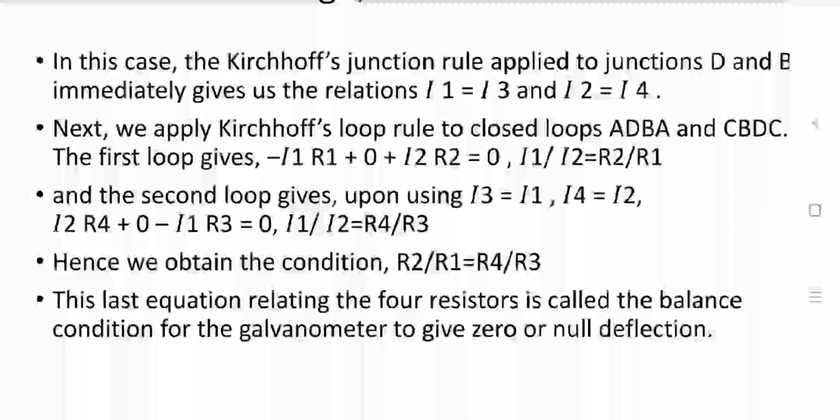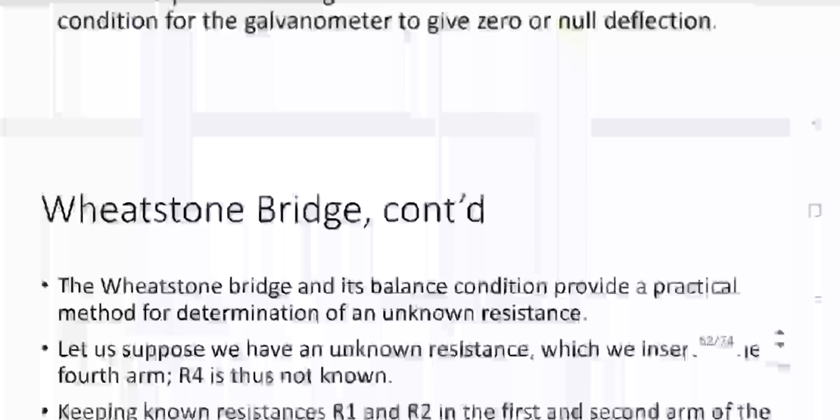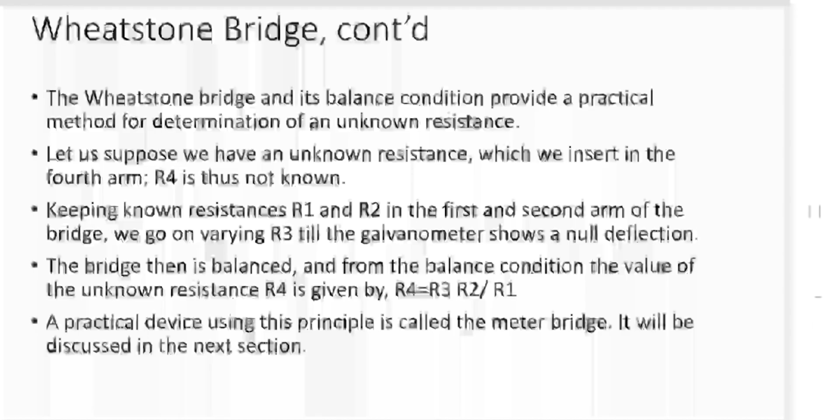So we can utilize this equation and make R4 the subject of the formula. So it becomes R2 R3 by R1. So this is how the Wheatstone bridge is also utilized to get an unknown resistor value, by observing no deflection, that is no current flowing through the galvanometer.